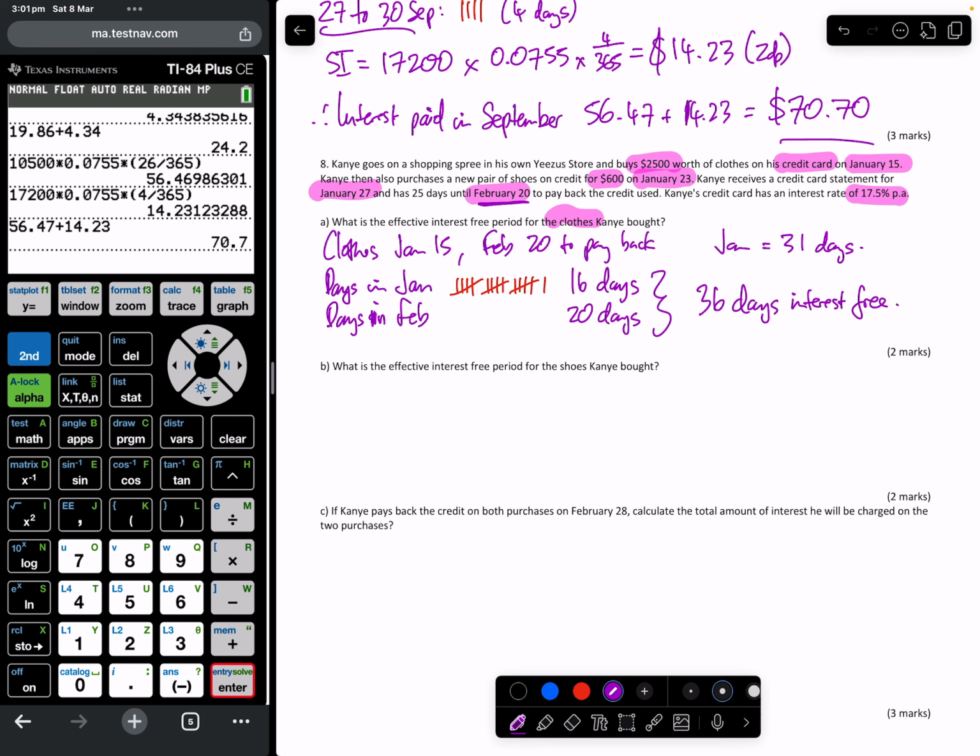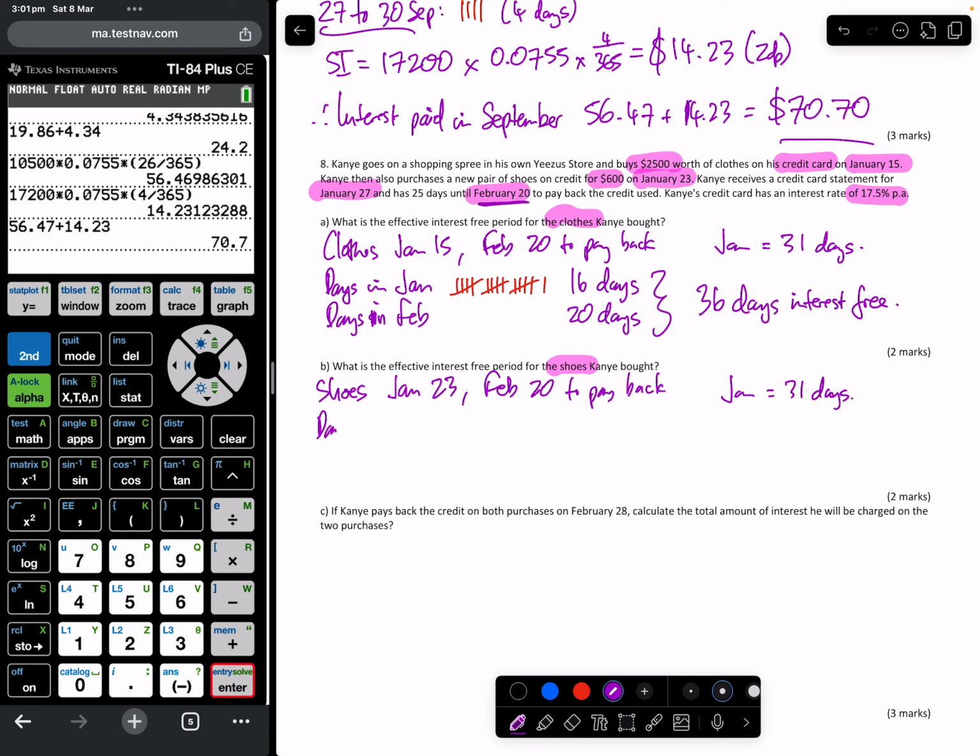What is the effective interest free period for the shoes Kanye bought? Shoes: Jan 23, Feb 20 to pay back. January's 31 days.